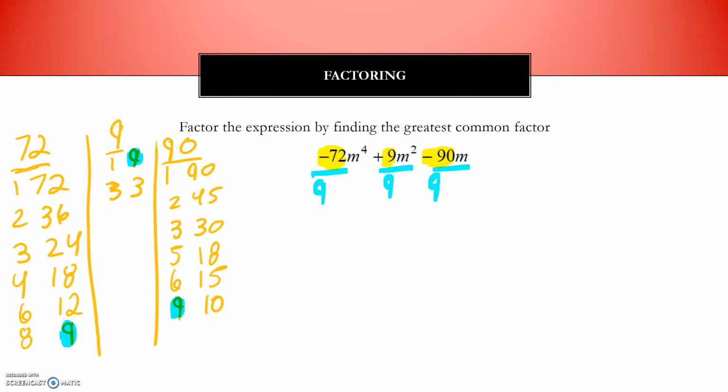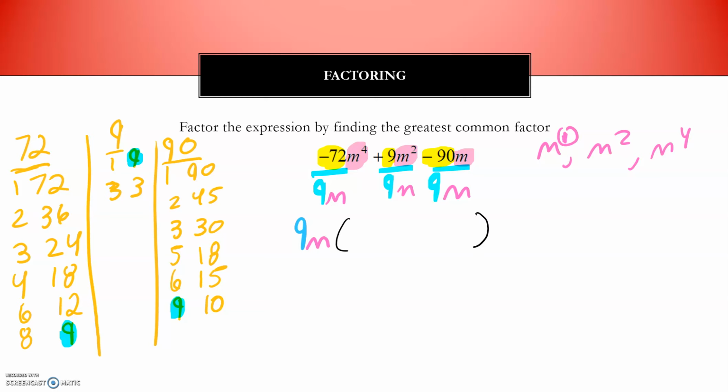I notice that each of them has a variable m. So the lowest exponent between m squared and m to the 4th is the 1 from just m. So that's our greatest common factor for the variables. So 9m. I'm going to take that and write it out front of some parentheses. And then after that, I'm going to do my division.